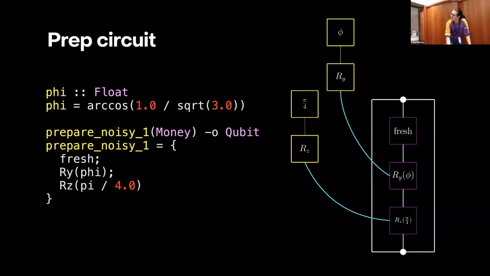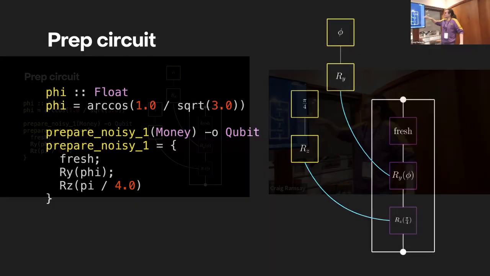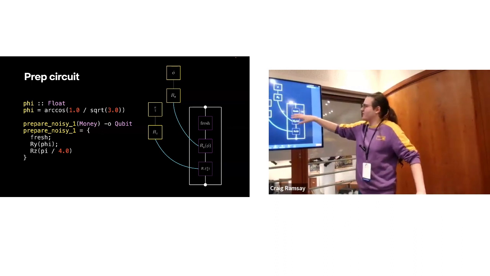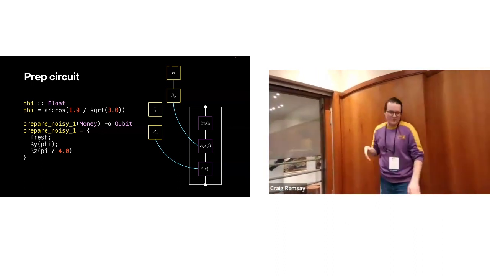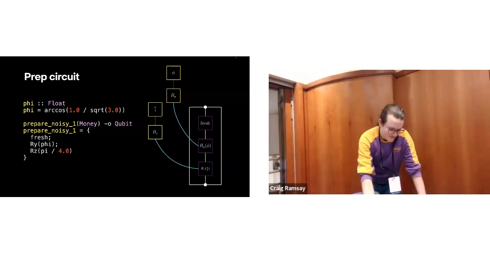And also, these are classical parameters feeding into these things, pi and pi over 4. So you can do some arbitrary classical computation out here and then feed it into the circuit, if you're doing it before you start running the circuit.